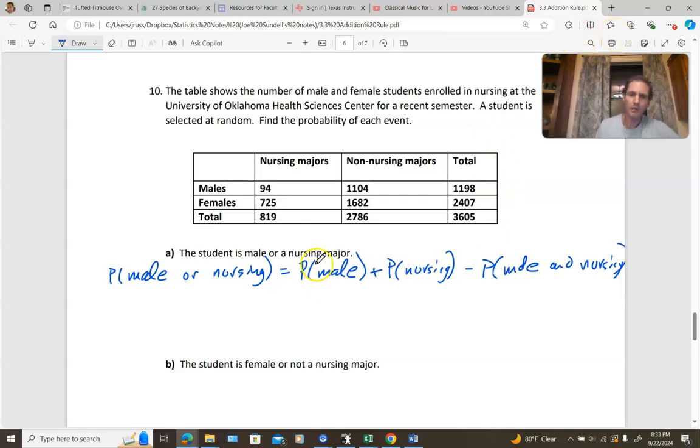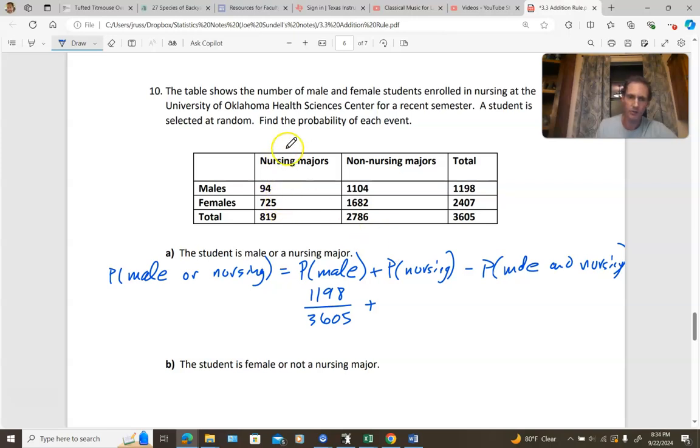All right, well, the probability that the student is male, well, of the males in this row right here, there's a total of 1,198 out of the total of all these students, which is 3,605, plus the probability that the student is a nursing major.